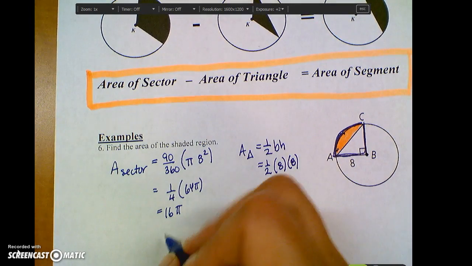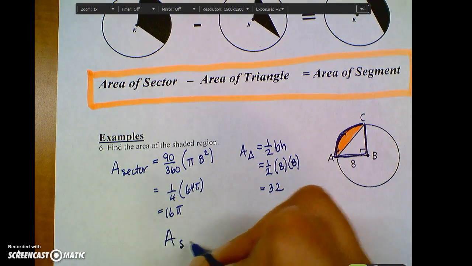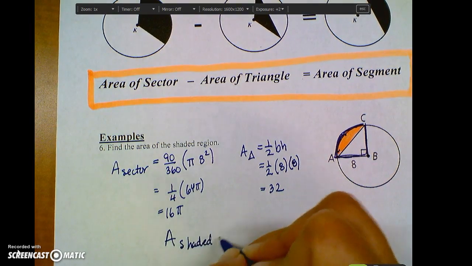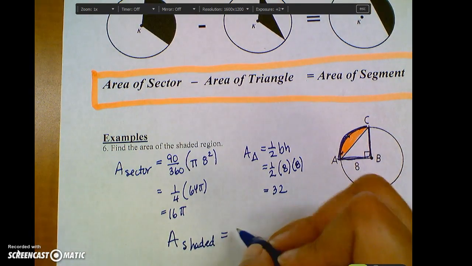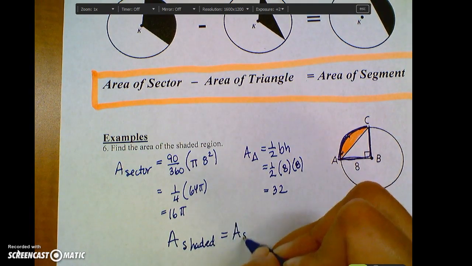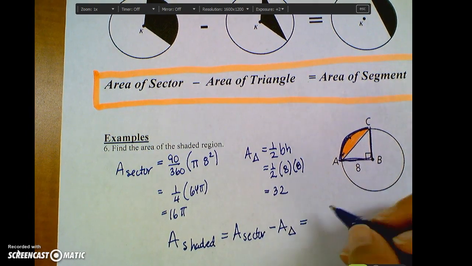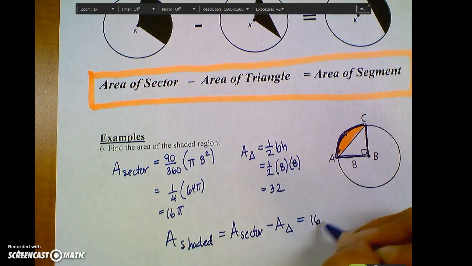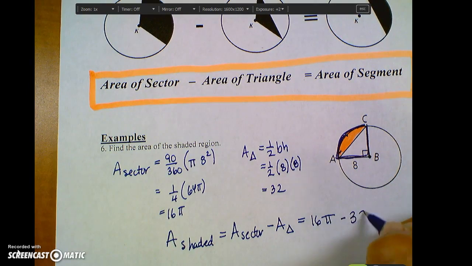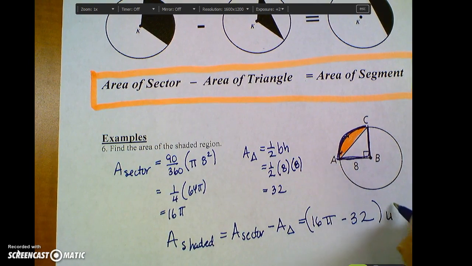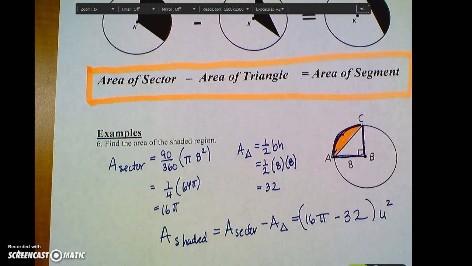And so now that we have those two values, we would say the area of our shaded region is going to be equal to area of sector, take away area of triangle, which is 16 pi, take away 32. And since we don't have any units, we're just going to say square units.